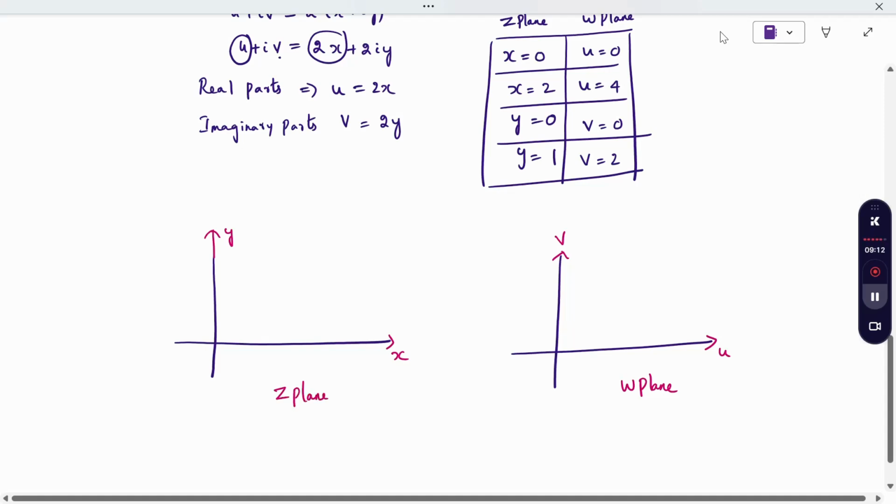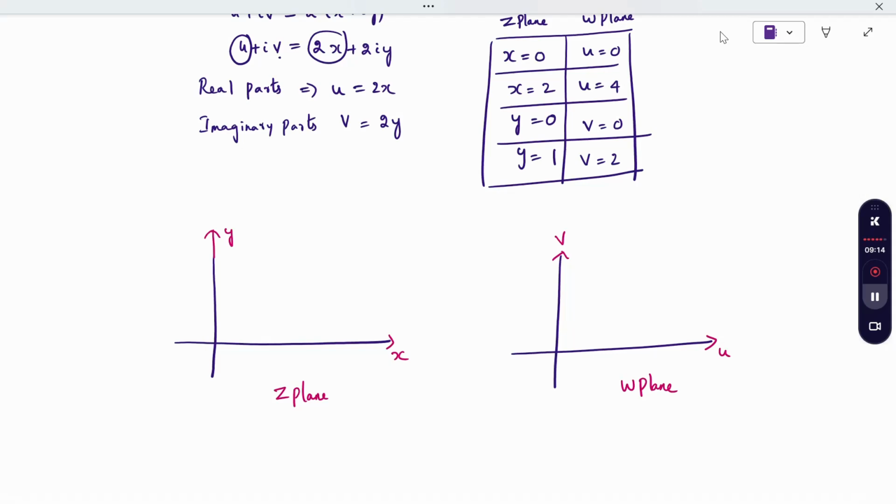One by one I will draw. This line is called y equal to 0, and this line is x equal to 0. Y equal to 1, where it is here, I mark the point. Then x equal to 2, somewhere here 1, here 2.